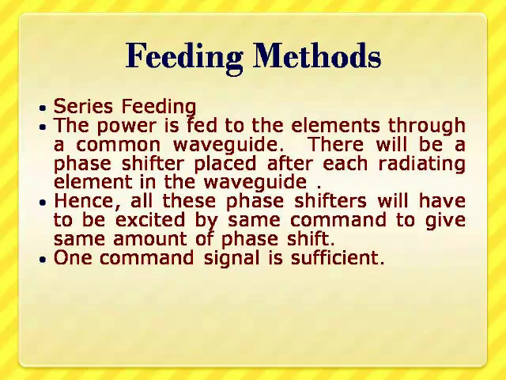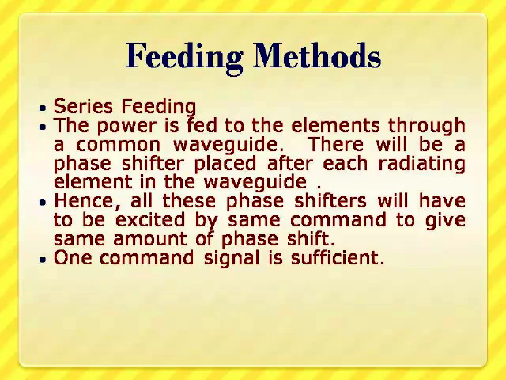One is series feeding. The power to the different elements is given through a common waveguide. There will be a phase shifter placed after each radiating element in the waveguide. Hence, all these phase shifters will have to be excited by the same command to give the same amount of phase shift.